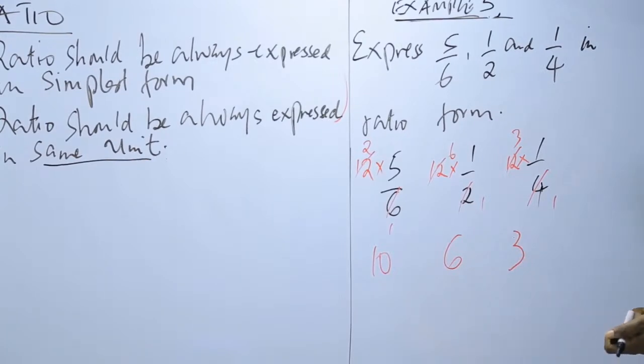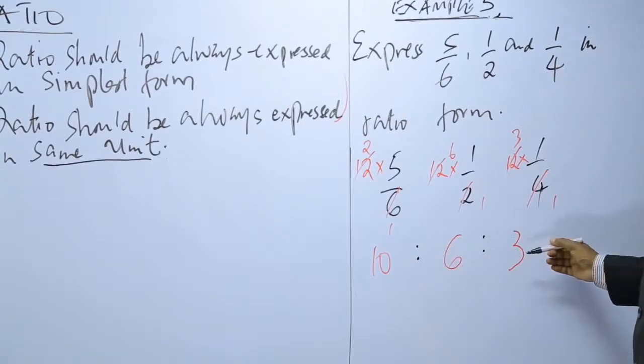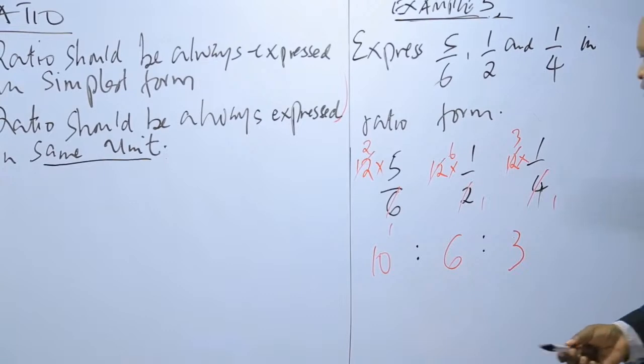So this is now expressed in ratio form. So we have 10 to 6 to 3.